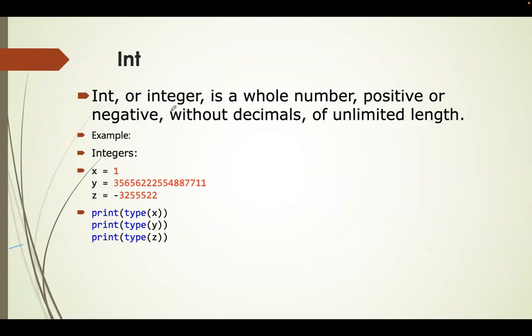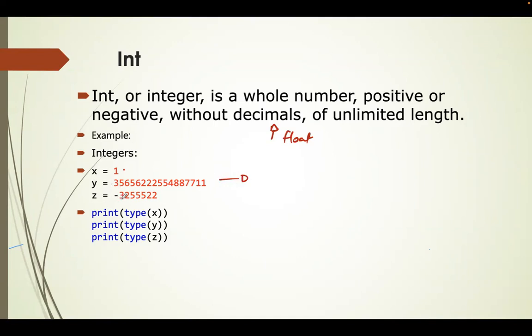So an integer is a whole number, positive or negative. This is something you need to understand. Even if a number is negative, it's still an integer. But once it's got a decimal place, it becomes a float. Is that understood? So for example, x is 1, an integer. 34, as long as it takes unlimited length, is an integer.